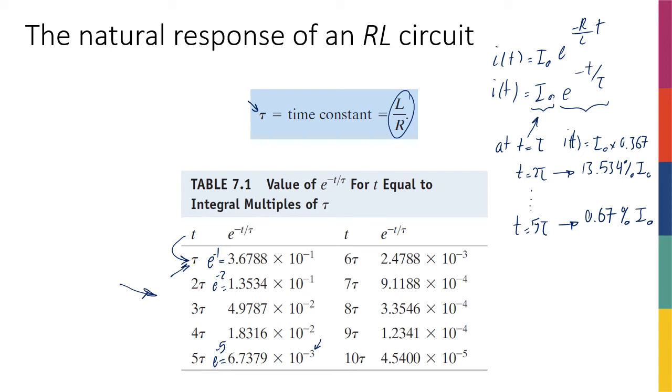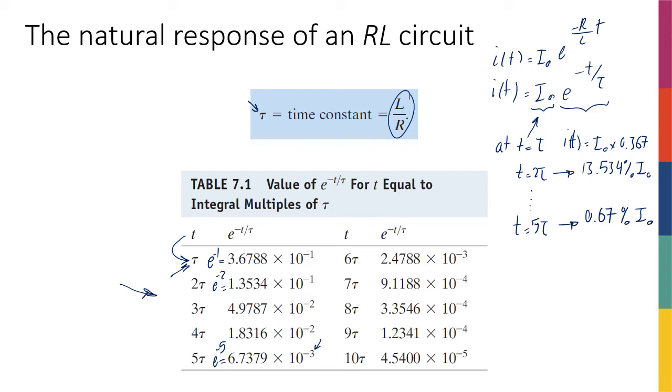So basically the rate of change is just negligible. After 5 tau, there's not going to be any significant change in my current. Therefore, I can assume that my circuit is constant.